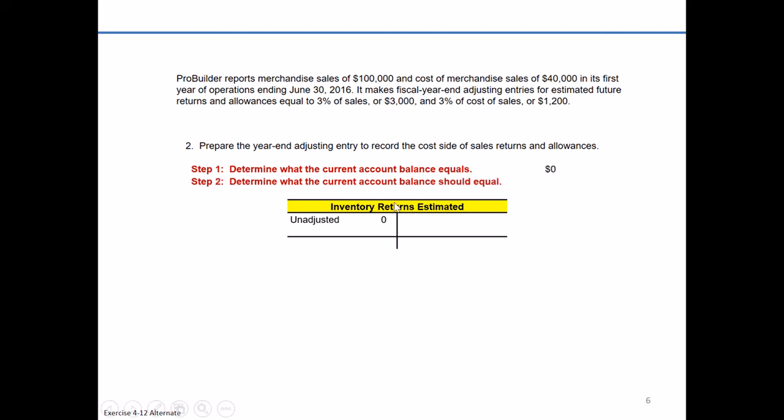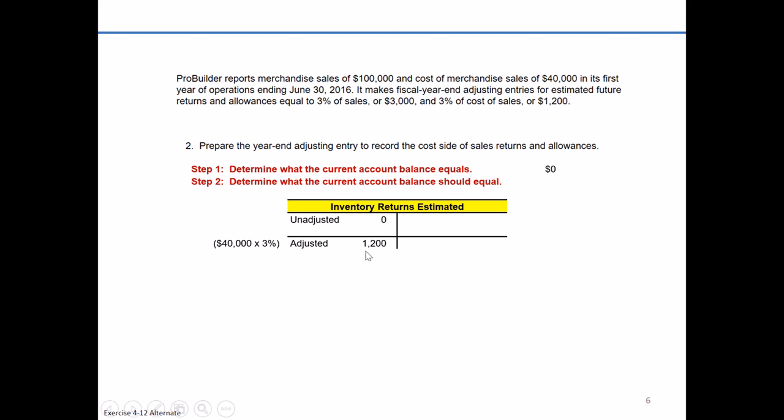That's our second step. Well, we can look at the fact that we had $40,000 in cost of products sold. We expect 3% of that $40,000 to be returned. So 40,000 times 3% is $1,200 that we expect to be inventory returned.